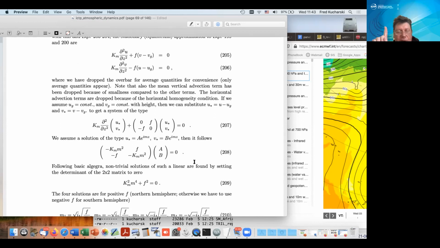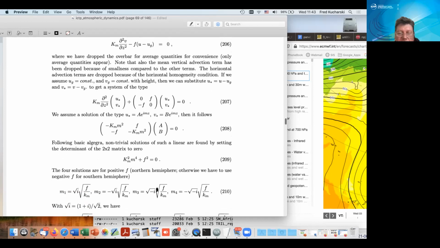Non-trivial solutions we find by requiring that the determinant of this matrix is 0. Very easy to do. Determinant, this times this minus this times this. We get to this equation here. In principle, very simple, with the problem that we have a power of 4 here.